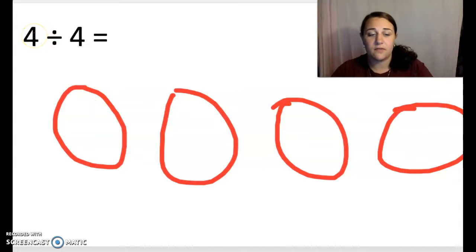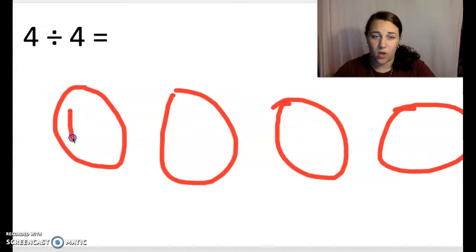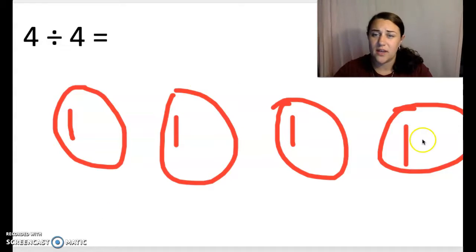And now I have to divide my 4 evenly. 1, 2, 3, 4. And how many do I have in each group? Well, I see 1, I see 1, I see 1, I see 1. So I have 1 in each group. So 4 divided by 4 equals 1.